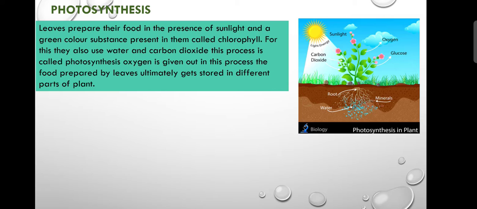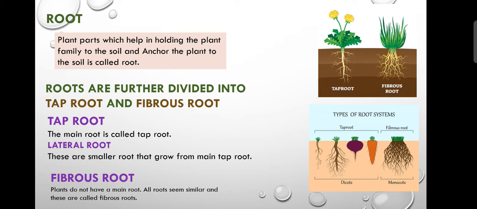We can see in the diagram that sunlight is coming in and carbon dioxide, and the plant is producing oxygen, glucose, taking minerals from soil. Now root. The plant part which helps in holding the plant firmly to the soil and anchors the plant to the soil is called root. Roots are further divided into taproot and fibrous root.